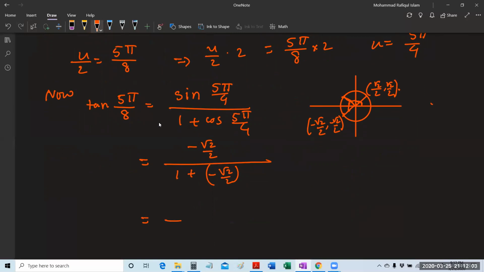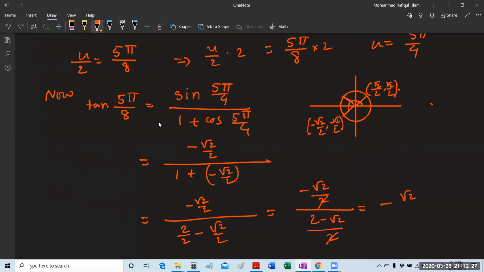We can write that as negative root 2 over 2, all over 2 over 2 minus root 2 over 2, and then we can cancel this 2 from both numerator and denominator, and we are left with negative root 2 over 2 minus root 2.